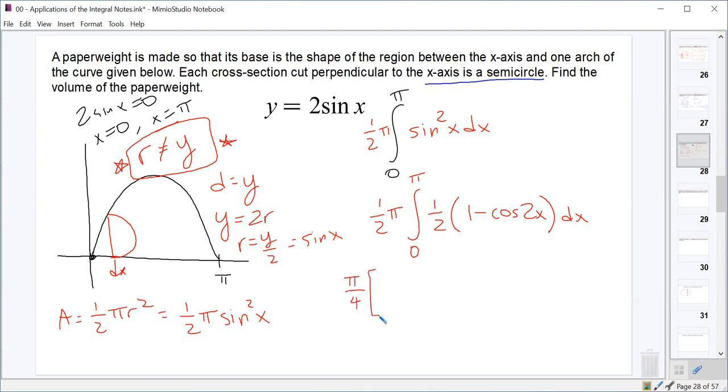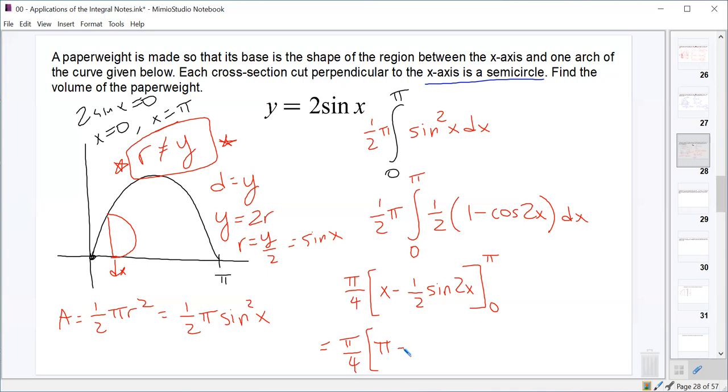And so now we can pull out the 1/2 if we want to, which gives us pi over 4. And then the integral of 1 is x. And the integral of cosine 2x is just a basic u sub for 2x, one of these ones that you should be doing in your head by now. It's x minus 1/2 sine 2x. And we'll just evaluate from 0 to pi, which gives us pi over 4 times pi minus 1/2 of the sine of 2 pi.